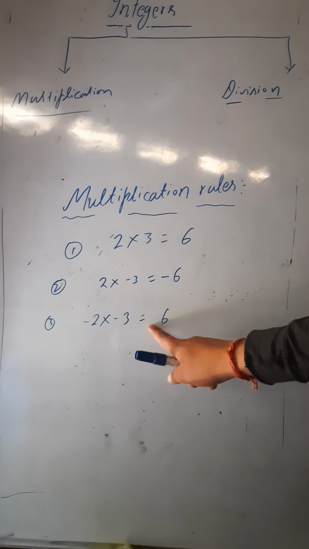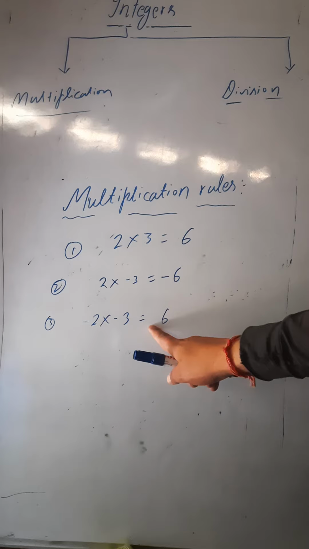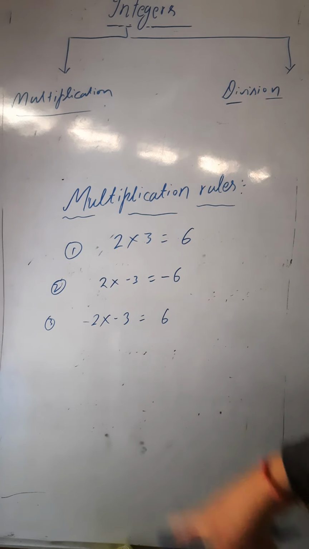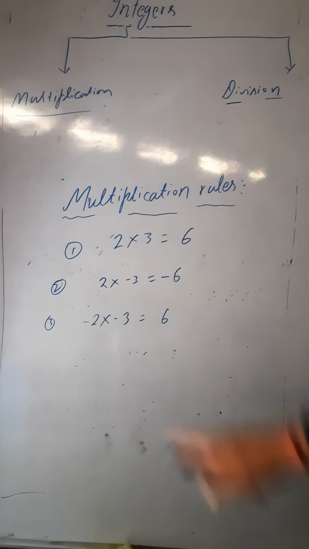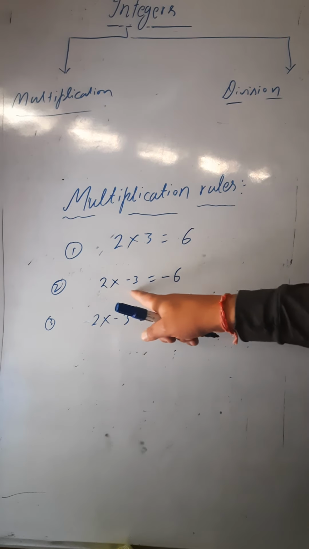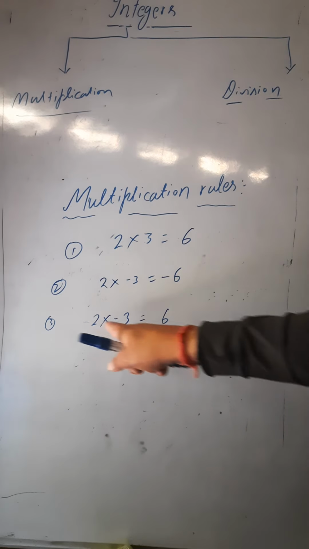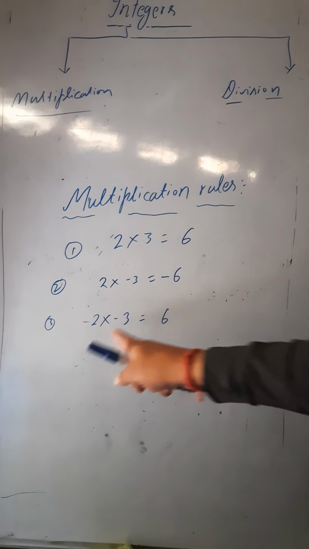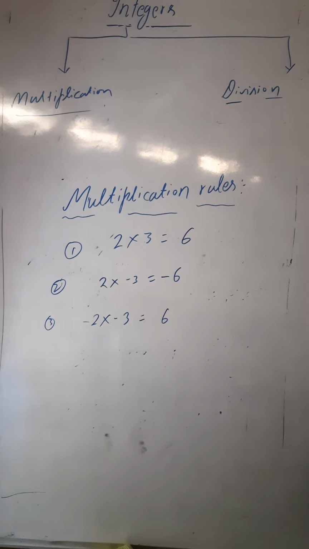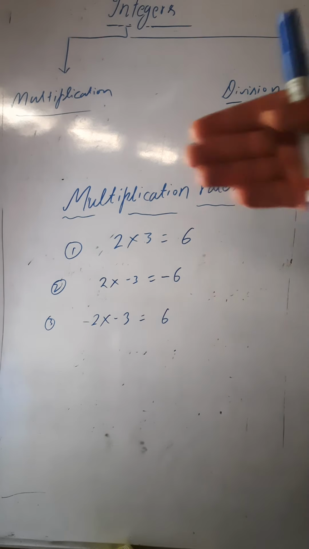I will not write the minus sign. So rule number one, when both the integers are positive, the sign is positive. When one of the integers is negative, the sign is negative. When both the integers are negative, the sign is again positive. These three rules you have to recall again and again.